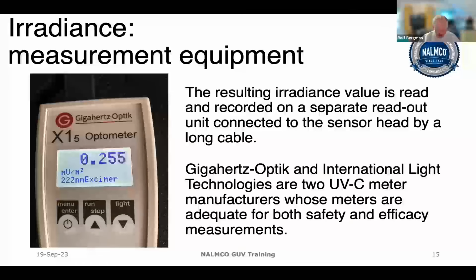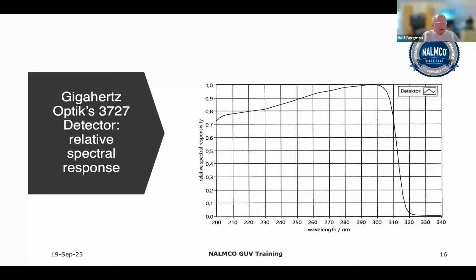Okay, the gigahertz unit that I showed, the 3727 detector, has a certain spectral sensitivity, and that's shown in the graph at the right. Notice that at the bottom we have wavelength starting at 200 and going all the way up to 340.